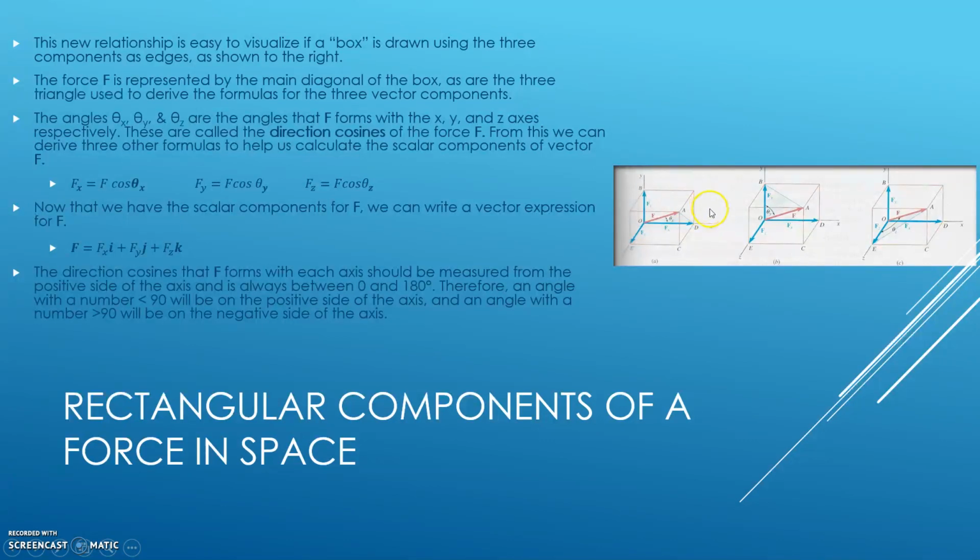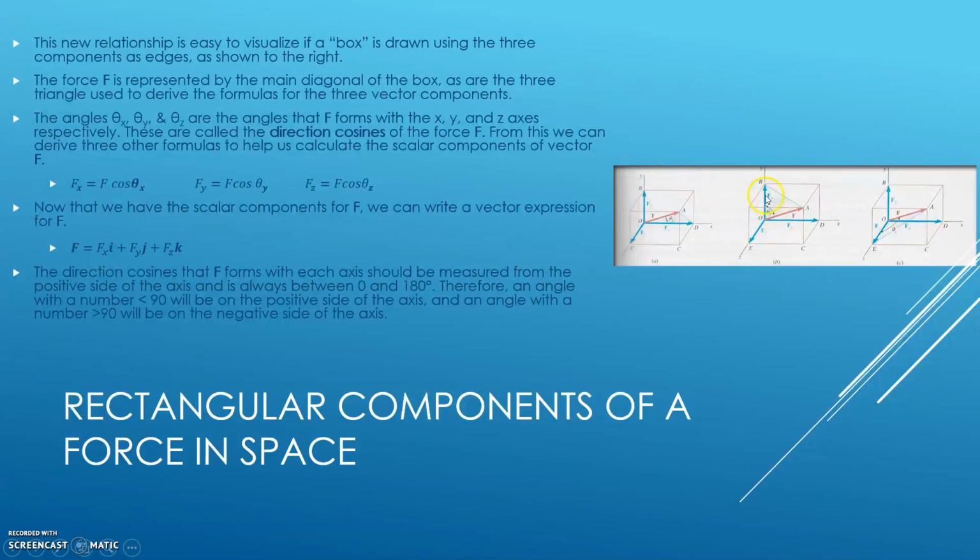Now what we've got is three different angles. These are called direction cosines of the force. All that means is the shortest angle from the x-axis to the force F, that is theta x. It's just the angles that are formed with the x, y, and z axes.